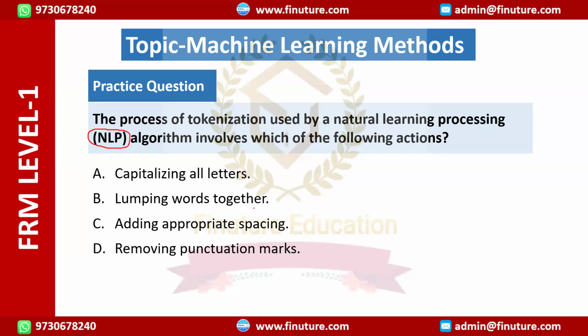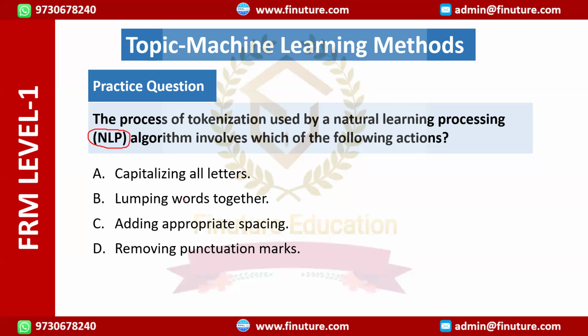Let's look at it. The process of tokenization used by a natural language processing, that is NLP, algorithm involves which of the following actions? So we have four options: capitalizing all letters, lumping words together, adding appropriate spacing, removing punctuation marks.